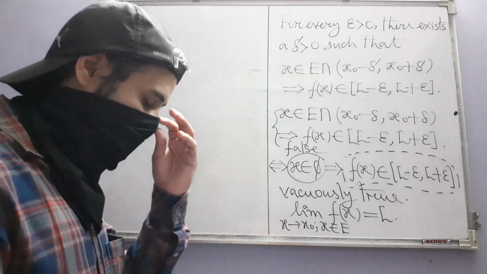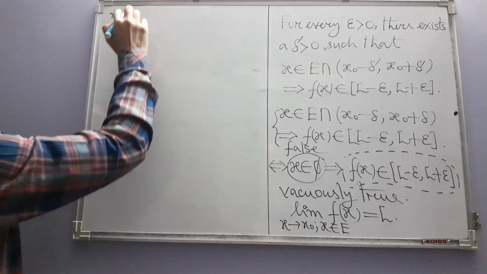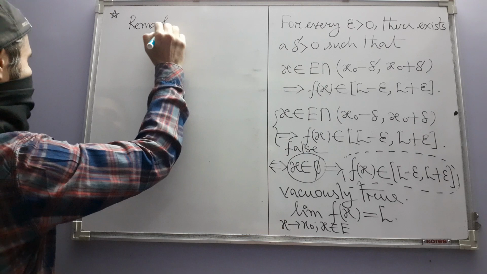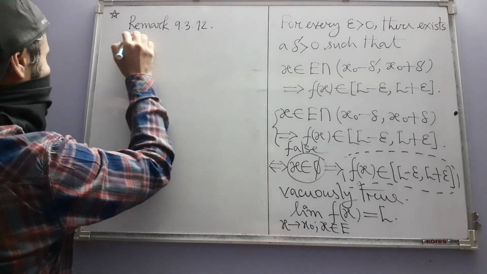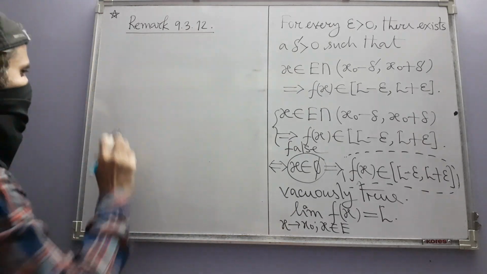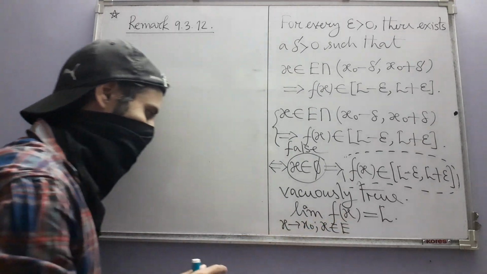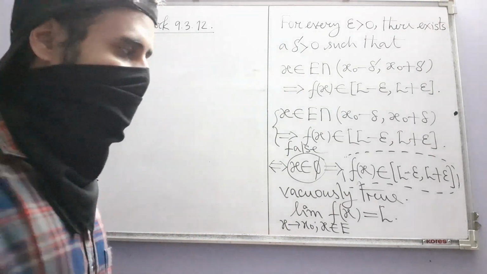And this next remark is extremely trivial, but nevertheless it is there. So let's see what it is. It just simply says that the variable that you used here, x, is a dummy variable. It can be given any other name also, nothing changes.